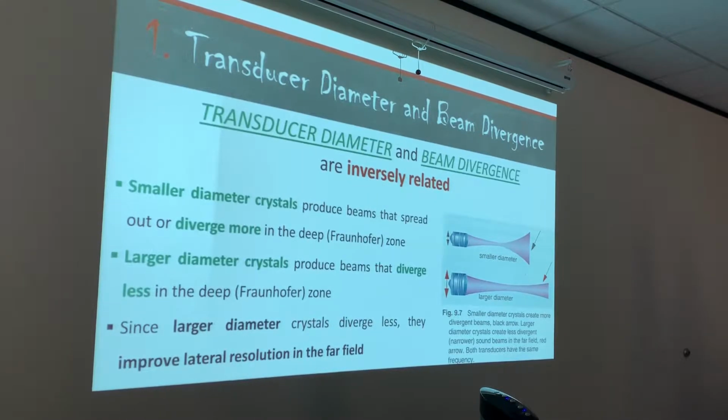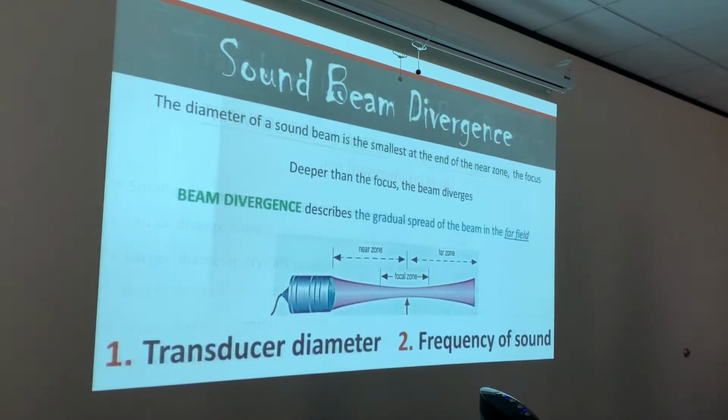So, guys, that's how transducer diameter relates to beam divergence. I know the book breaks down every single point. If you just remember the main points and know those relationships on the larger scale, all you need to know is that beam divergence is inversely related to the two characteristics that determine how much it's going to diverge, which are transducer frequency and transducer diameter.